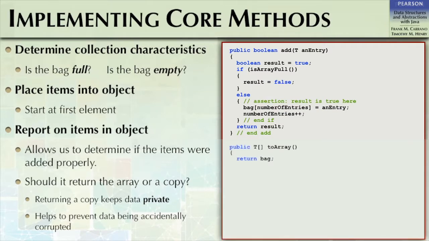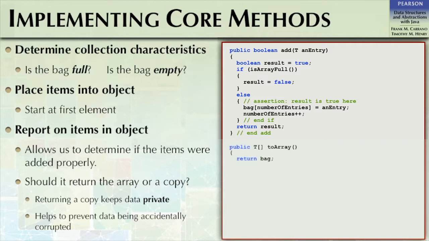But even though this meets the explicit requirements of the ADT bag specification, it is a very poor programming practice. The array bag is declared private so that the data structure controls access to the array itself. The client should not be able to manipulate the data structure's data directly.